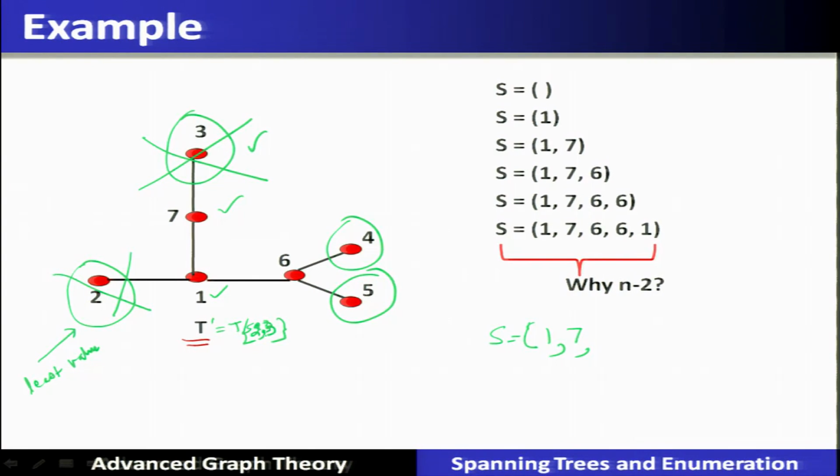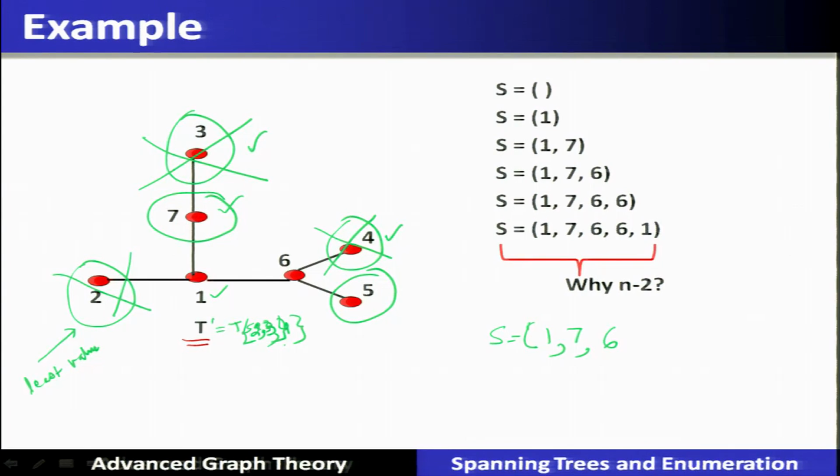In the resulting tree, how many leaves are there? 1, 2, 3 different leaves, and the least value is 4. The neighbor of 4 is 6, so 6 will be included, and 4 will be removed from the tree.